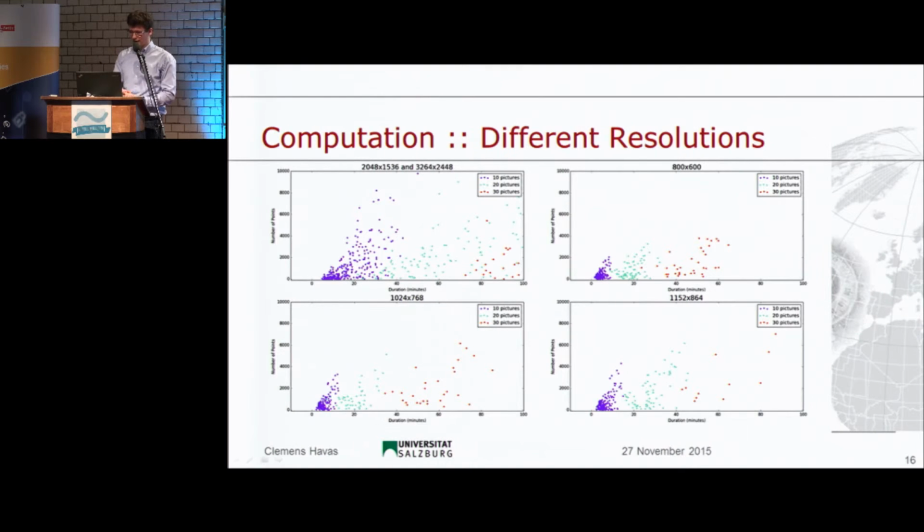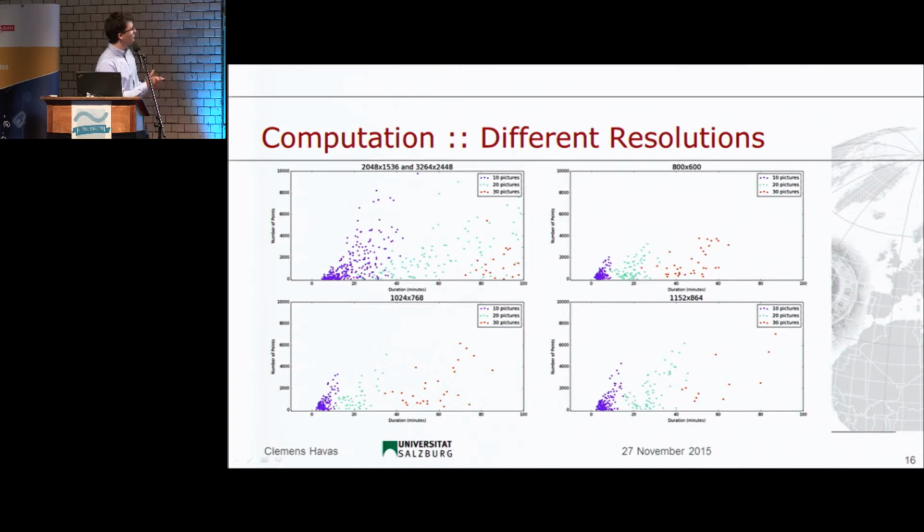Therefore, we used it in the next experiments with more resolutions, and we wanted to see if we get the same result in different sceneries. As you can see in the graph right at the top, there we use the resolution 800 times 600, and sometimes we get almost 0 points when we use the low setting, but when we take more images, it's always more computation time.